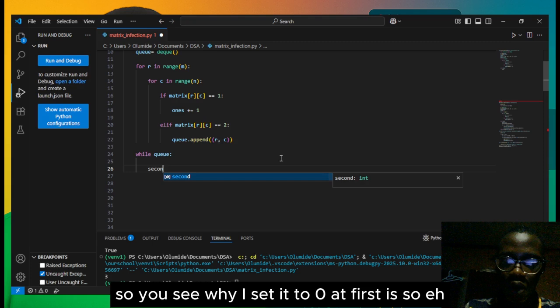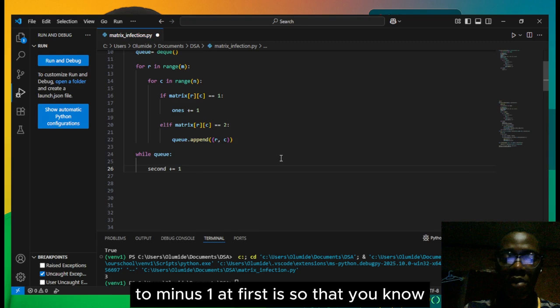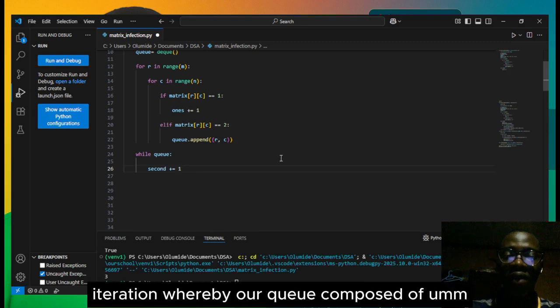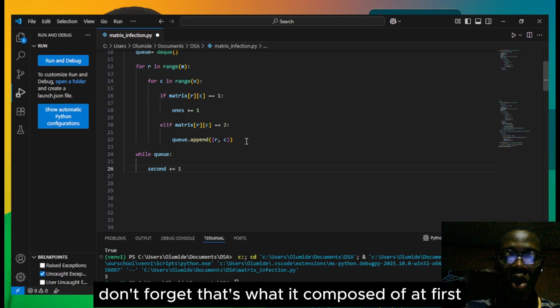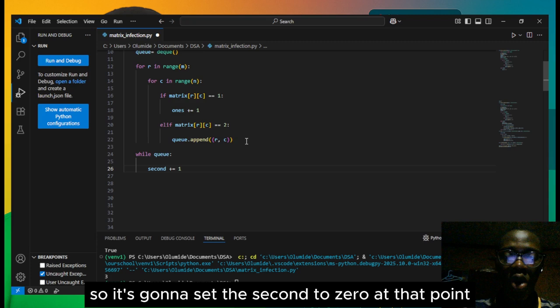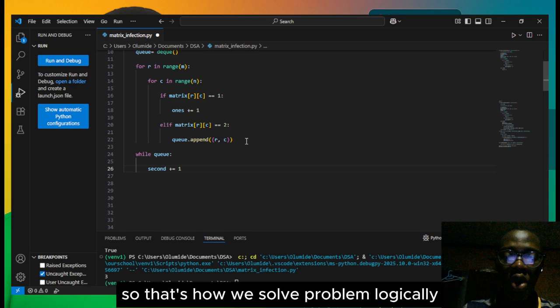You see why I set it to -1 at first: at the very first iteration, our queue is composed of the original, initially infected cells, so it's going to set the second to 0 at that point. That's how we solve the problem logically.